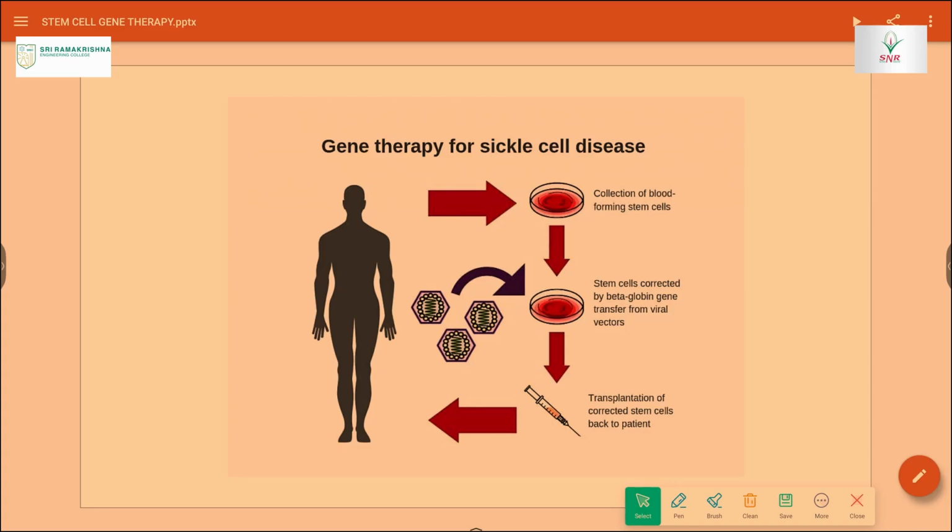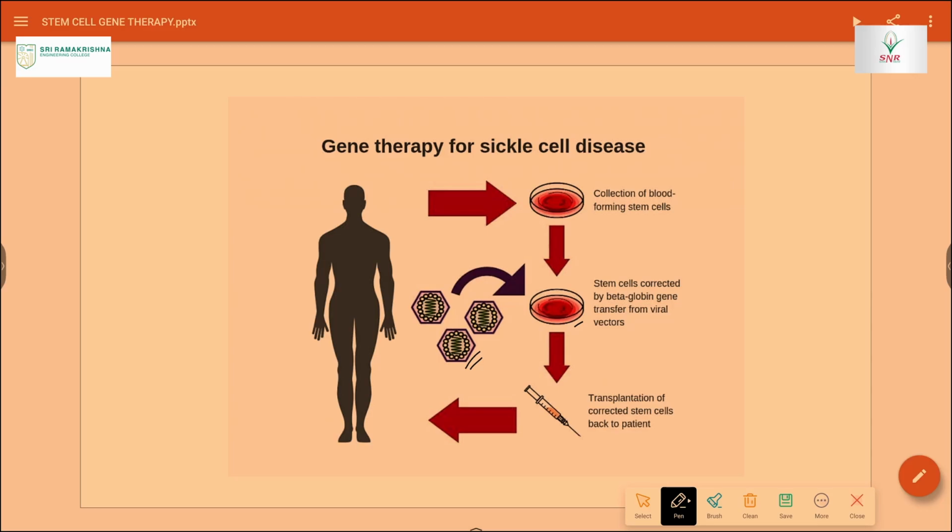These are all actually viruses. In the DNA, the genetic material of the virus, the gene of interest which needs to be introduced in the patient is aligned, and this virus is allowed to infect the stem cells, that is, the hematopoietic stem cells.